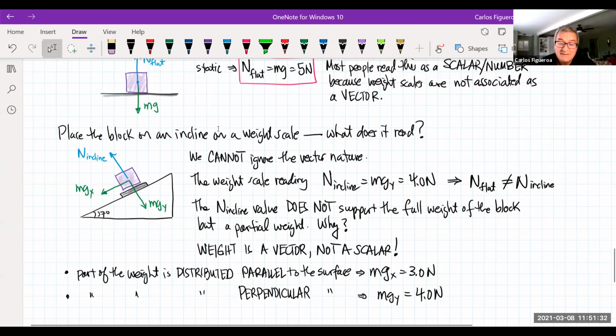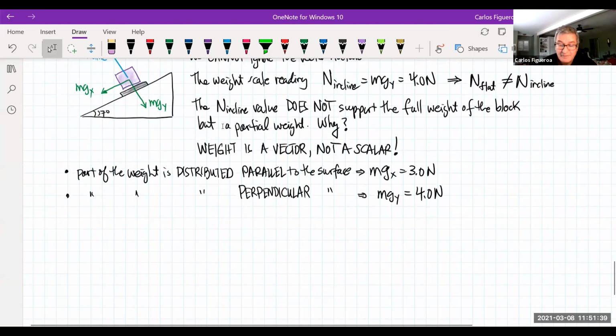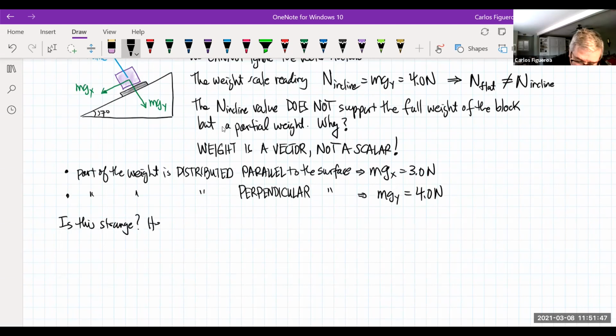One has to admit that this is quite strange to think about weight distribution along 2 directions, right? Is this strange? Hell yes. Think about it.